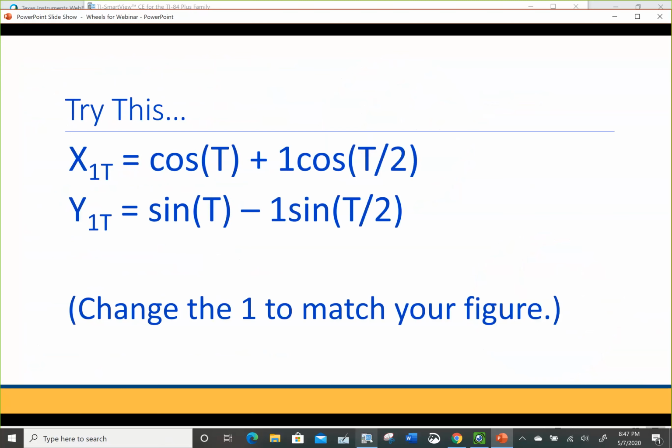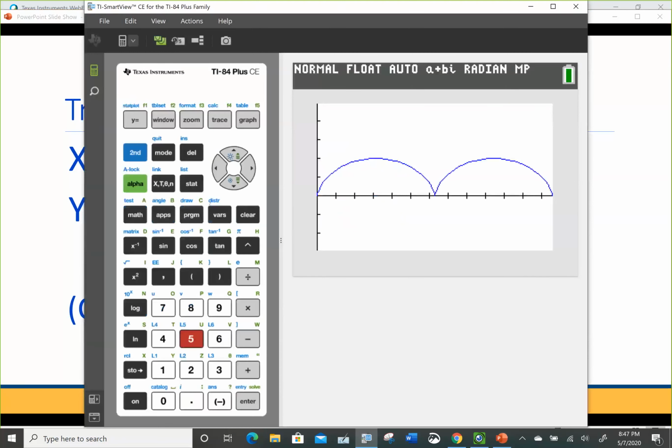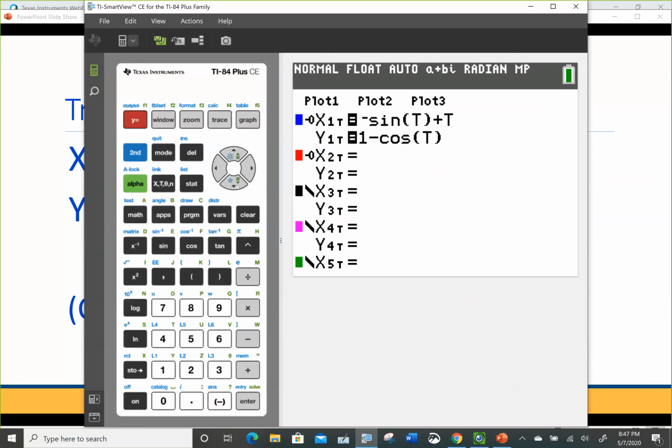So let's go back to the calculator. And our equation is going to be, let me delete these, clear these out. So this is going to be cosine t plus 1 cosine t over 2, and this has to be the sine of t.